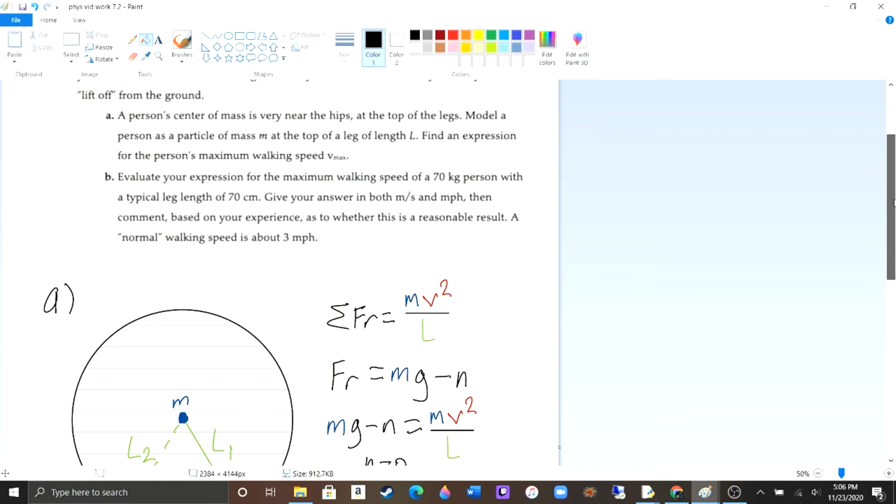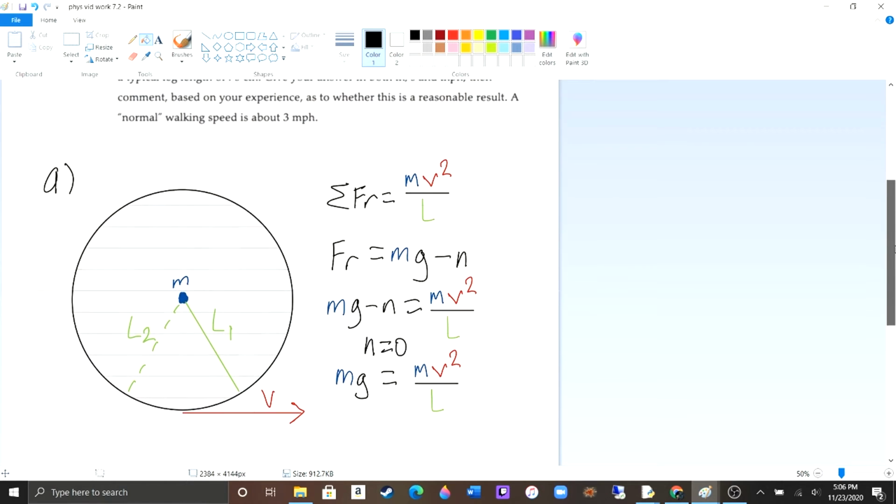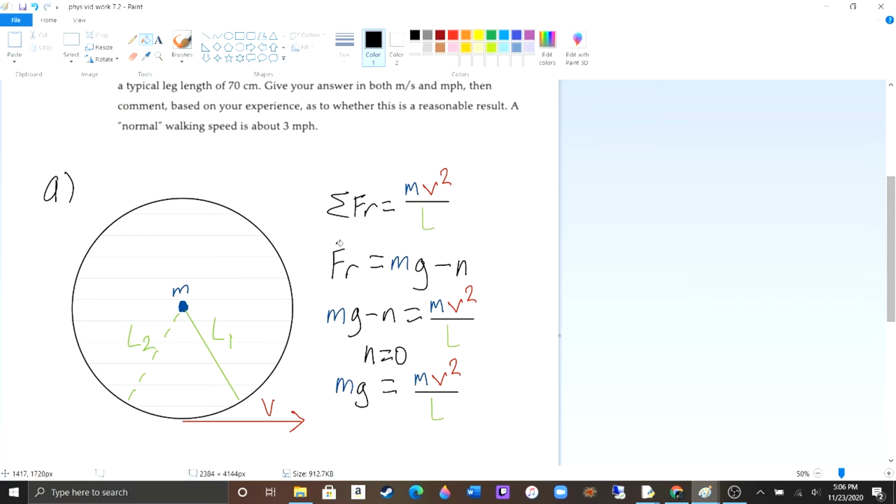So from our equations for centripetal acceleration and circular motion, we have our radial force, or net force in the r direction.